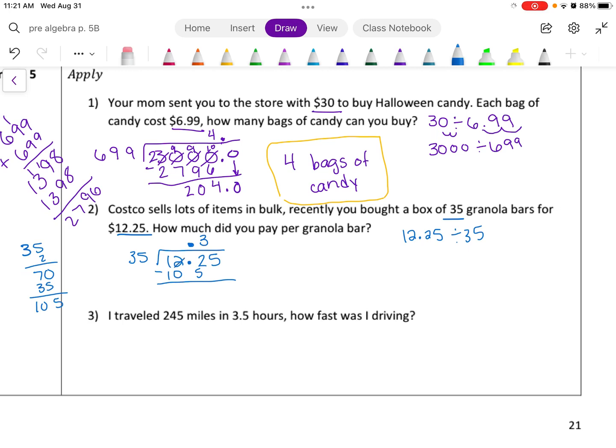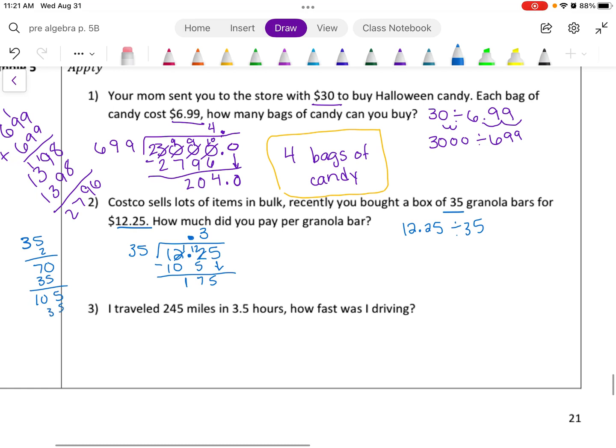That'd be 105, and now we can subtract. We have to borrow, so this becomes a 12. 12 minus 5 is 7. 1 minus 0 is 1. And now we can bring down the 5. So now we're thinking about how many times does 35 go into 175.